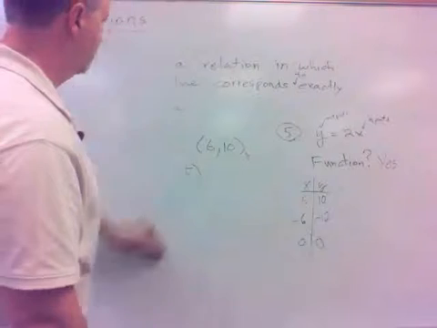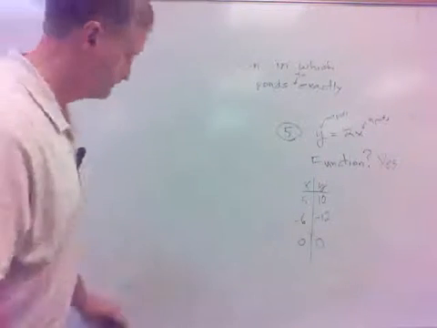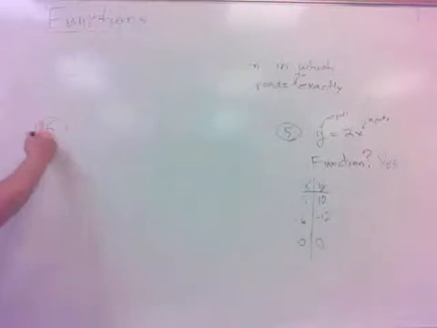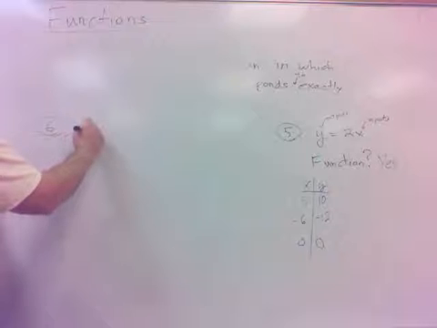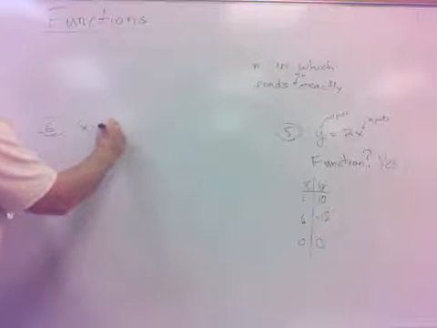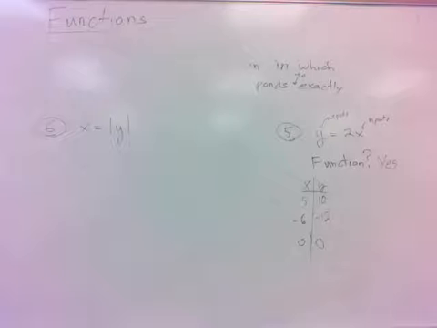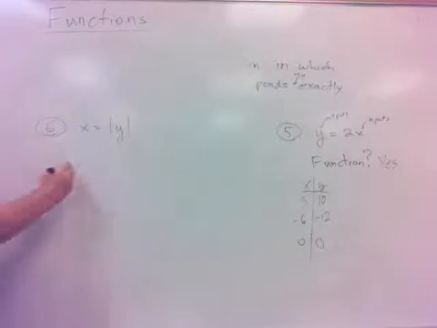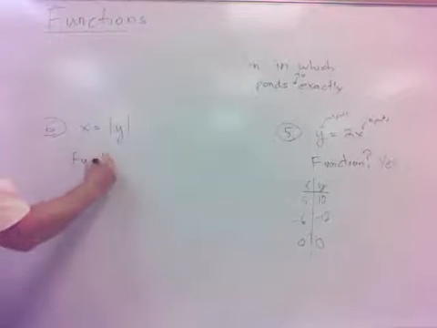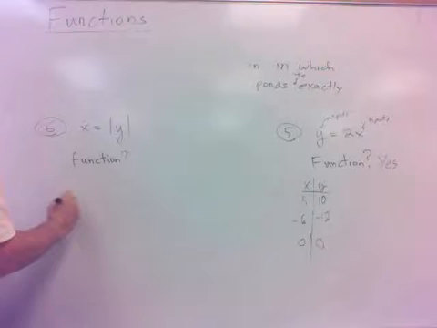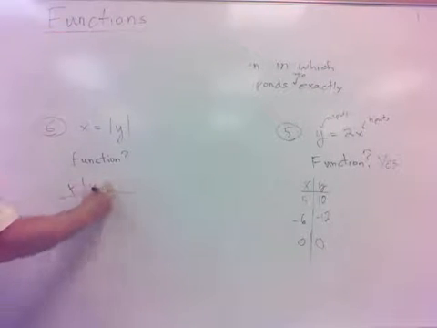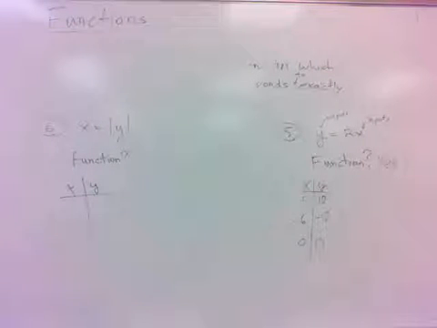Okay. What about this one? What if we had x equals the absolute value of y? And again, just thinking about x and y values. If we're taking x as the inputs and y as the outputs, here is what to note.